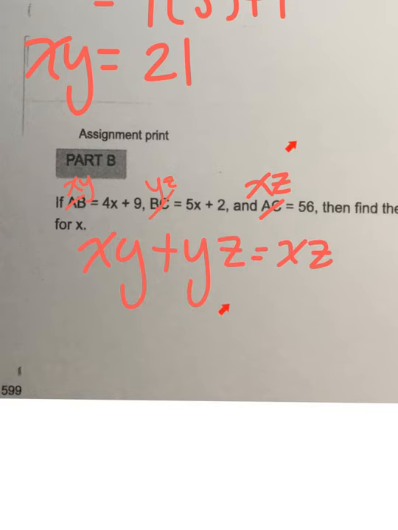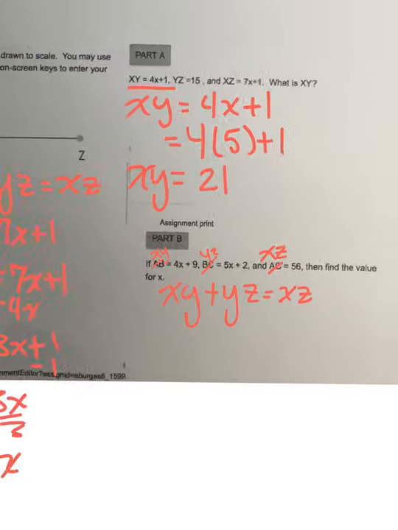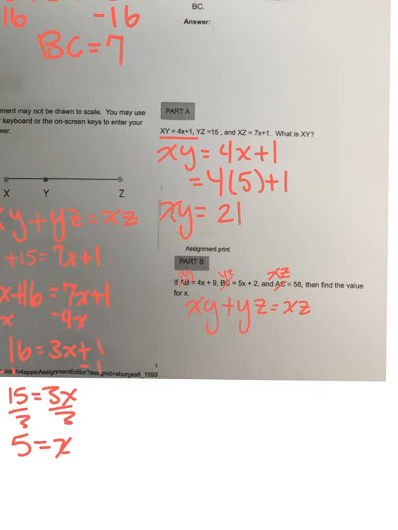I want to emphasize that last time when I was grading the quizzes, I saw that we would write an equation on part A, but get a different equation on part B. Well, if we're looking at the same picture, and the equations are based off the picture, then they should be the same equation on both parts. So don't change your equation from part A to part B. If on part A I wrote XY plus YZ equals XZ, I'm going to write the same thing on part B because we're looking at the same image.